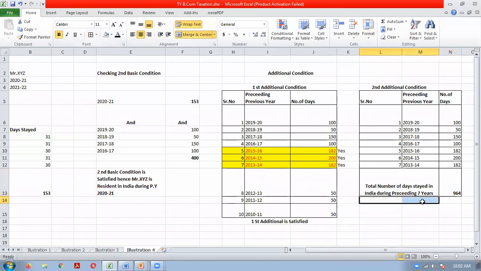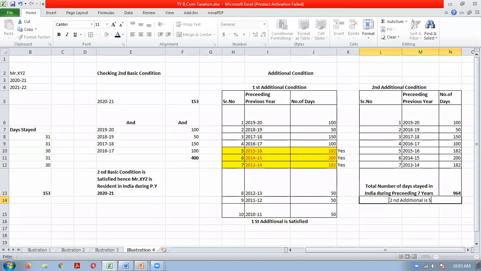So is additional condition number 2 satisfied? Obviously it is satisfied, because the condition says that minimum should be 730. Here we are having more than 730. So the second additional condition is also satisfied.